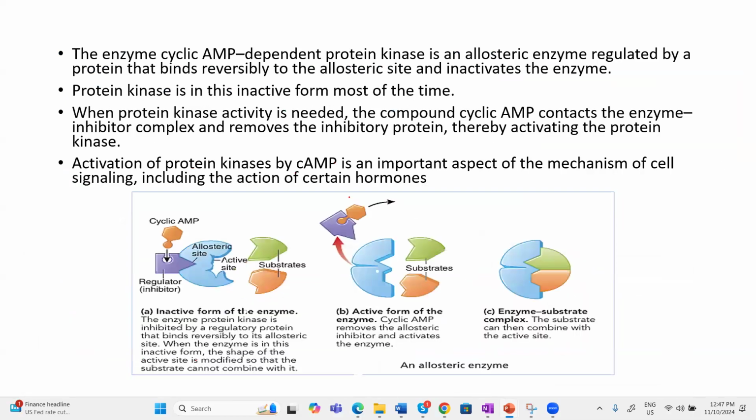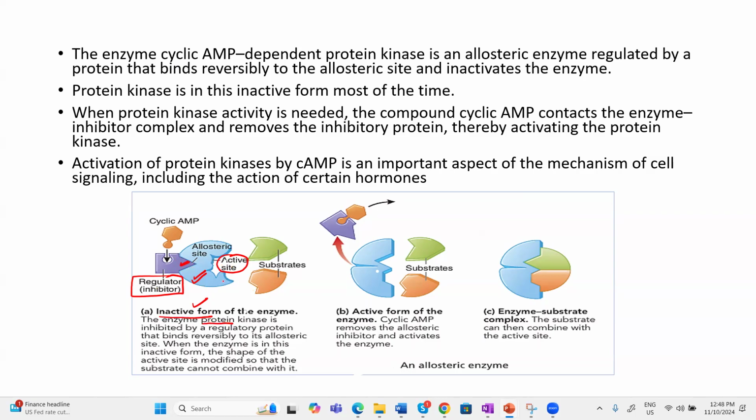Now see next. The example is this one. Let us assume this is an enzyme with an active site and this is the allosteric site, which is blocked by an inhibitor molecule. The inhibitor molecule has made an attachment to the allosteric site so that the active site is not able to bind. So the enzyme is inactive. Clear? And the name of the enzyme is protein kinase.